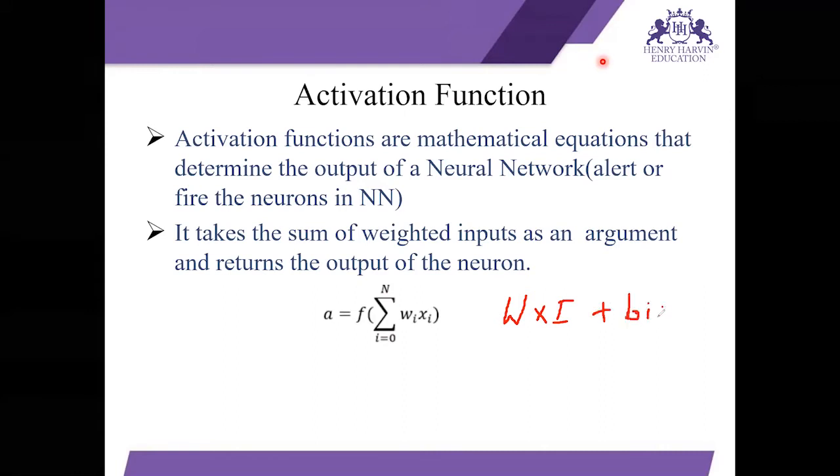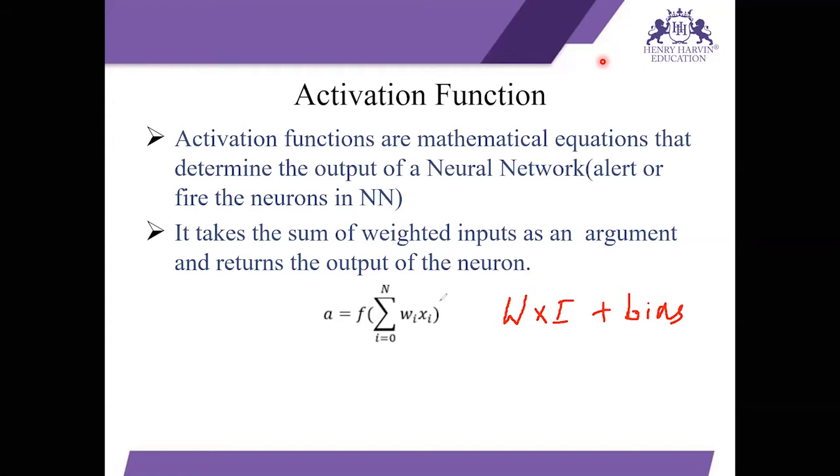Here we apply some activation function on that, and we get the activation function output. So what is happening here? It takes the sum of the weighted inputs as an argument and returns the output of the neuron.